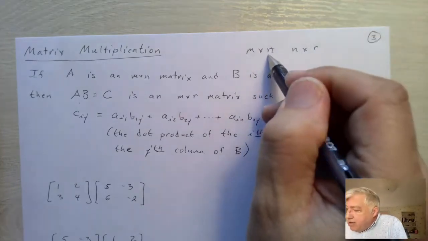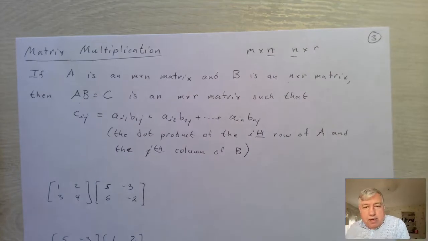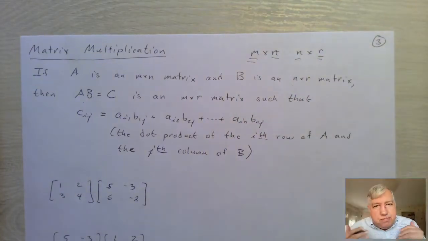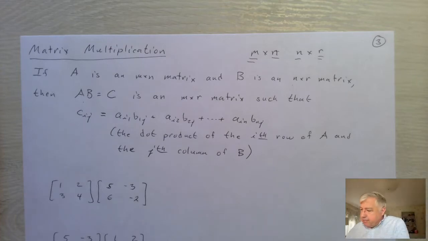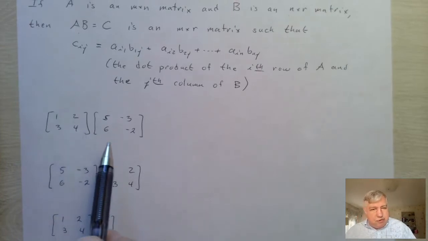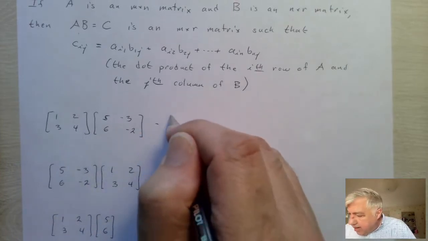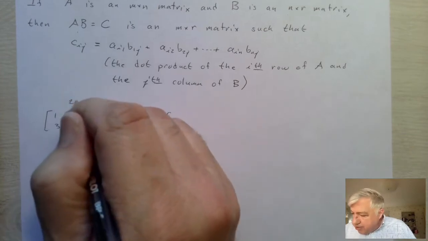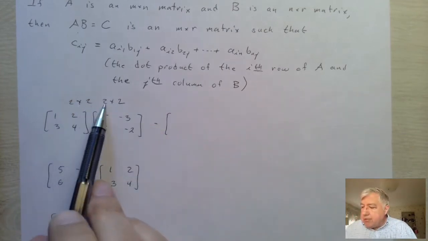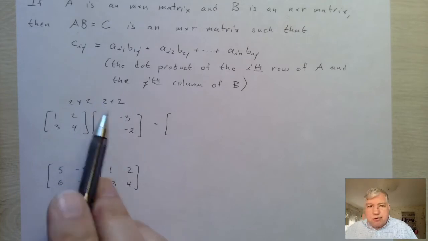These inner numbers have to be the same, and then the outer numbers are going to be the dimensions of your resulting matrix. So in this first case, we have a 2 by 2 and a 2 by 2. We have 2 columns here, 2 rows here, so we're fine.